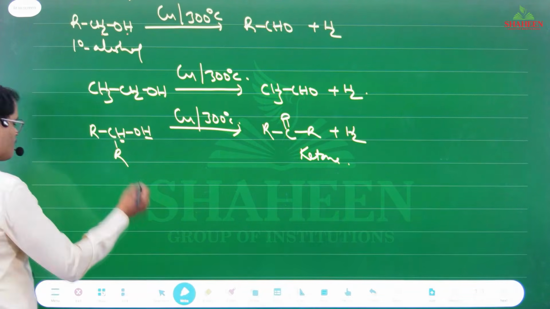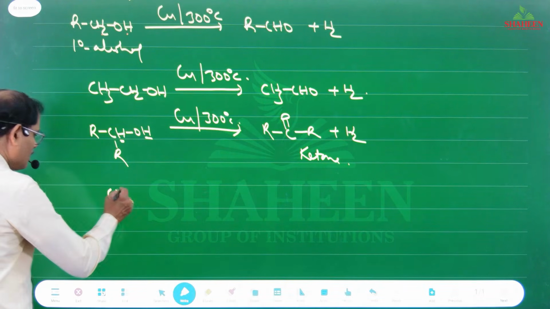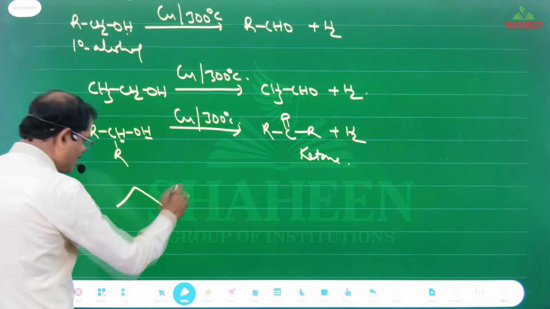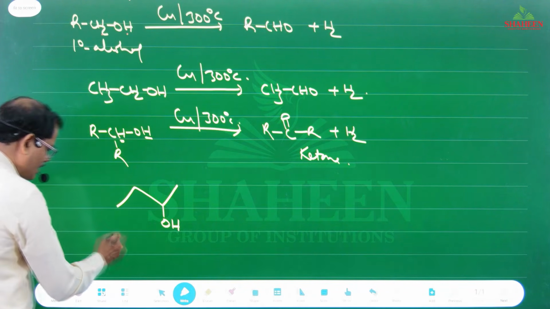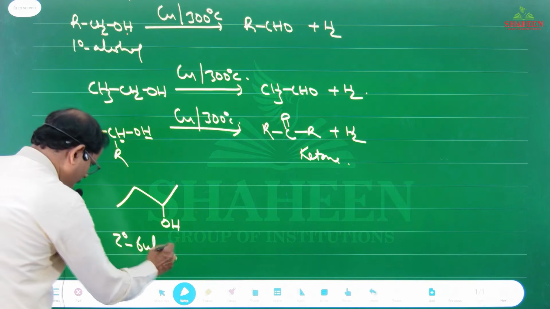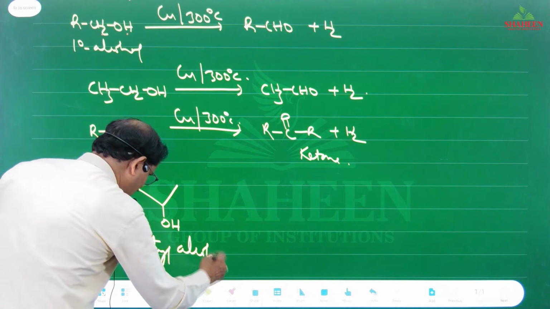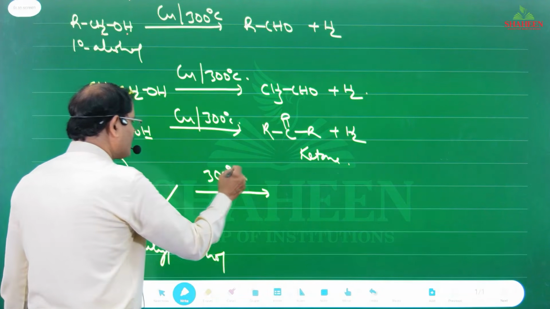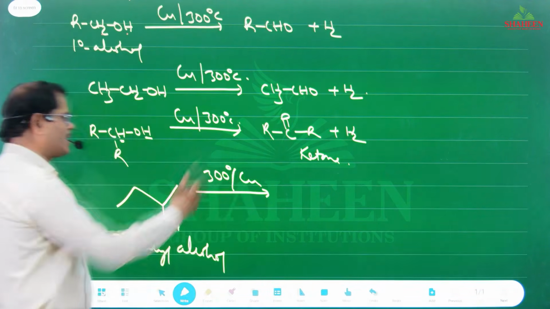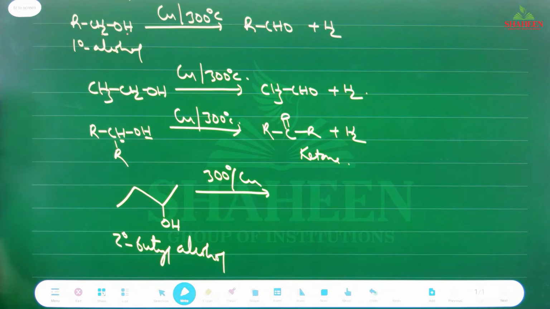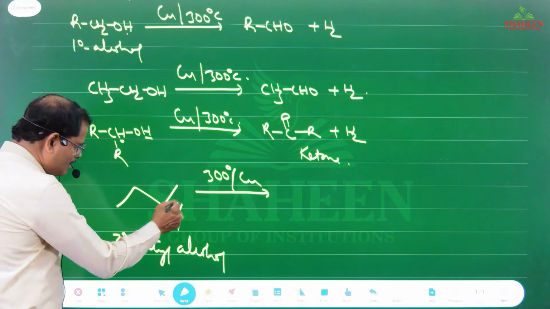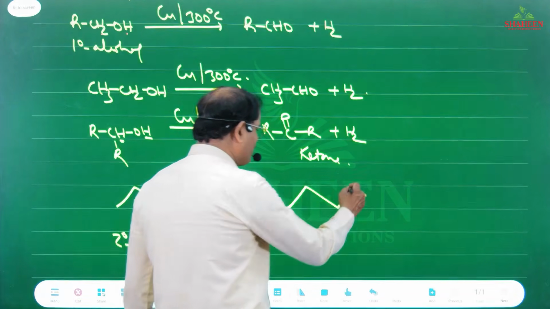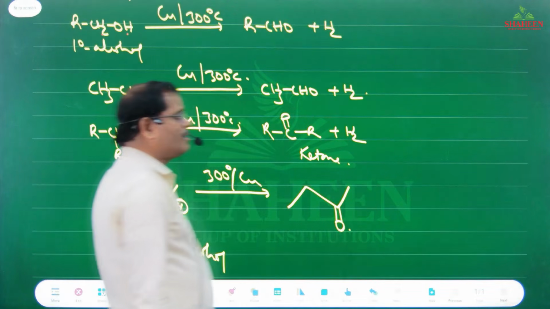Similarly, for example, CH3CH(OH)CH2CH3, drawn in bond-line form. This is secondary butyl alcohol, and when passed over copper at 300 degrees centigrade, this hydrogen and this hydrogen are removed, and a pi bond forms between carbon and oxygen.